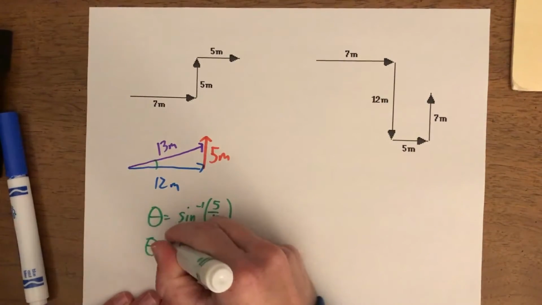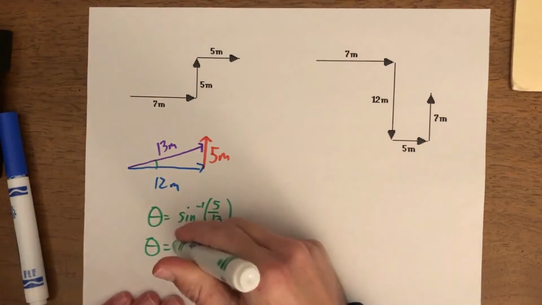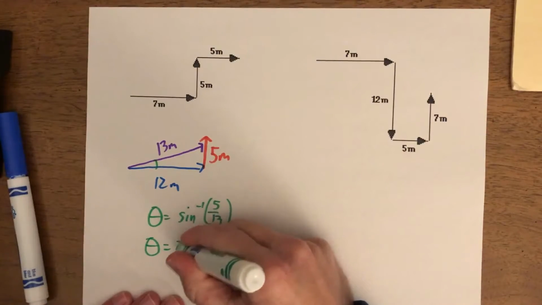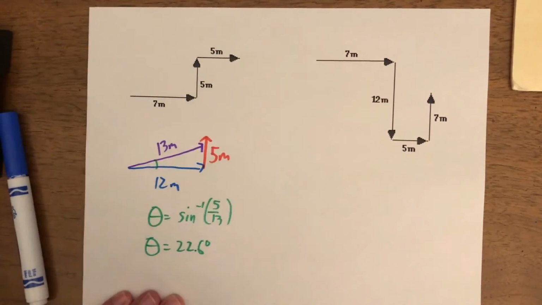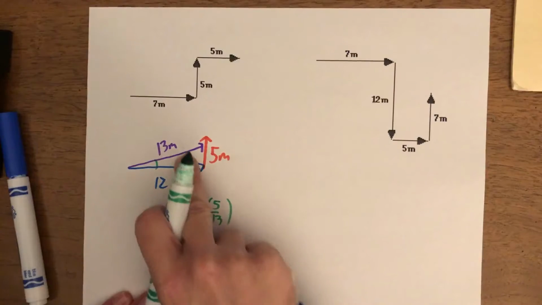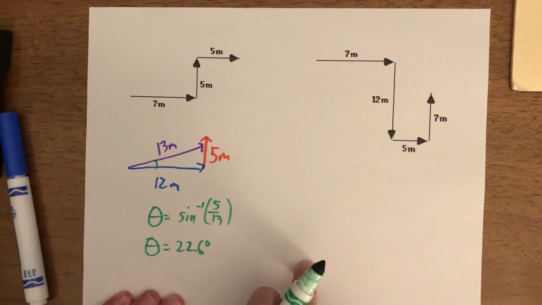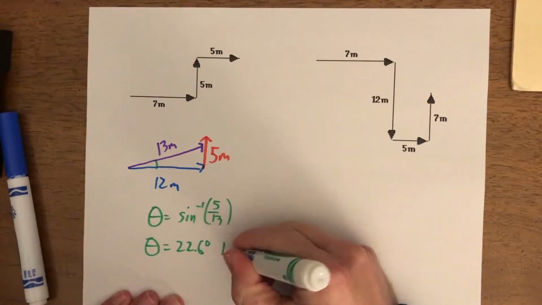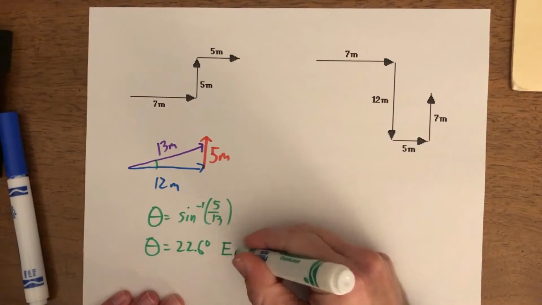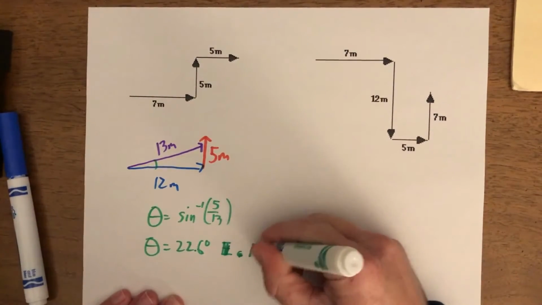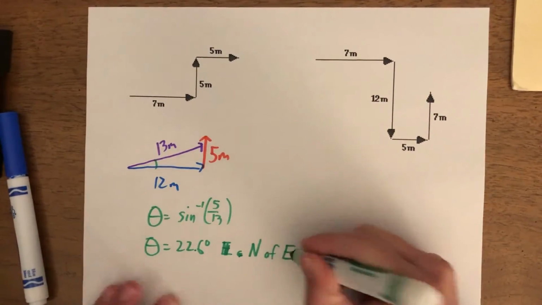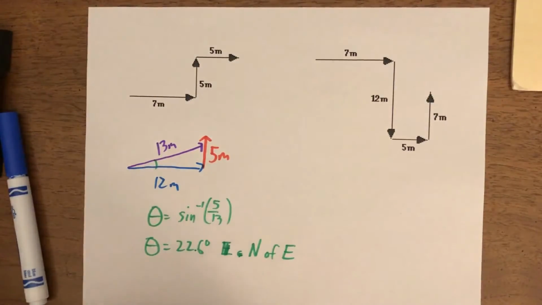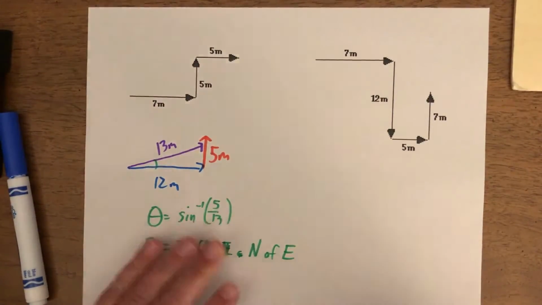And if you do that, it will tell you that your angle is about 22.6 degrees. Now in this case, since we're turning from the east line, we can just leave it as that, it's fine. You could also write 22.6 degrees north of east there. Either one of those would be correct.